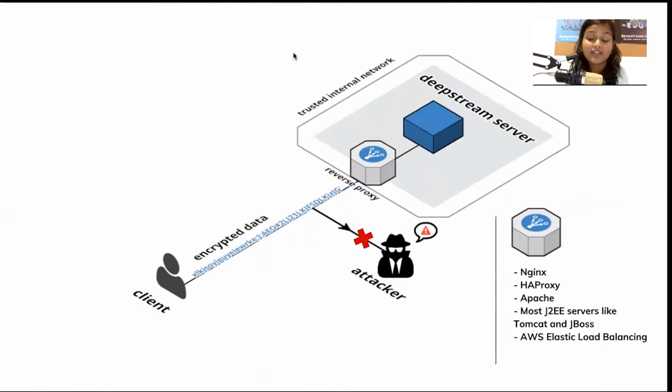One thing which is very interesting about AWS Elastic Load Balancing is that it not only provides the reverse proxy security features that I just mentioned, but it also provides the load balancing feature for free. You can use that with all your applications, and it provides some part of it for your personal applications. So I think that's the best option out of all the servers to use as a reverse proxy.